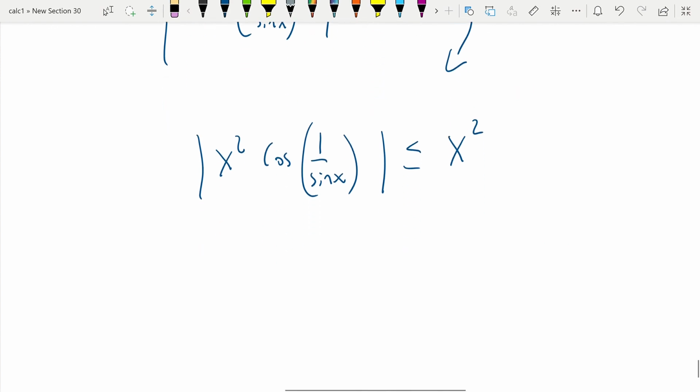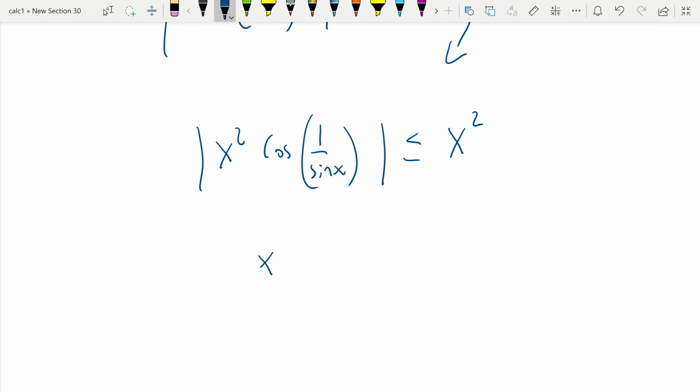And then, just like before, this expression inside the absolute value will be bounded from above by the expression on the right, and from below by minus the expression on the right.